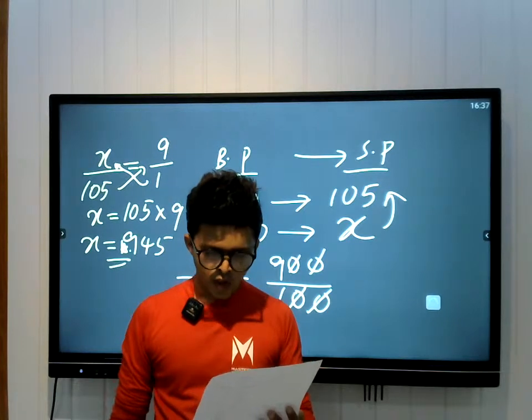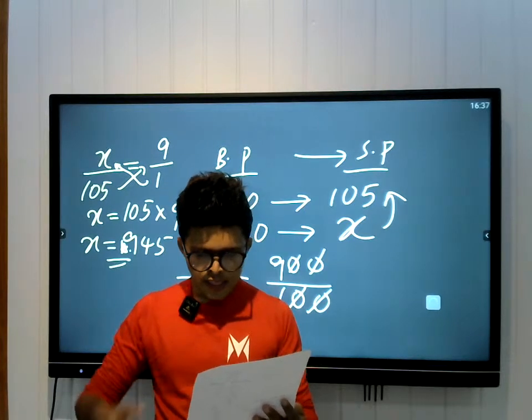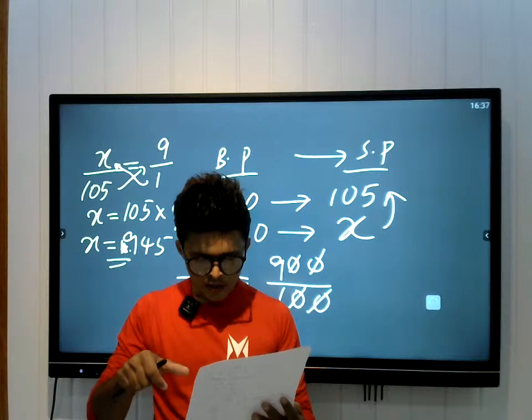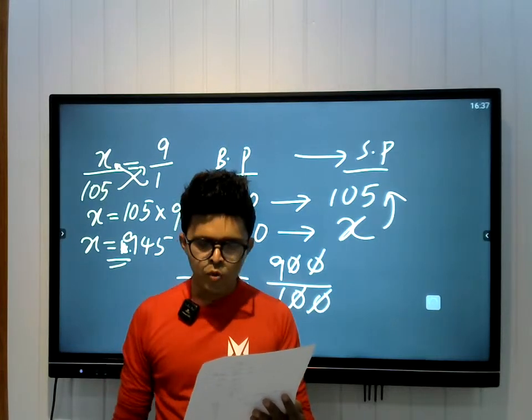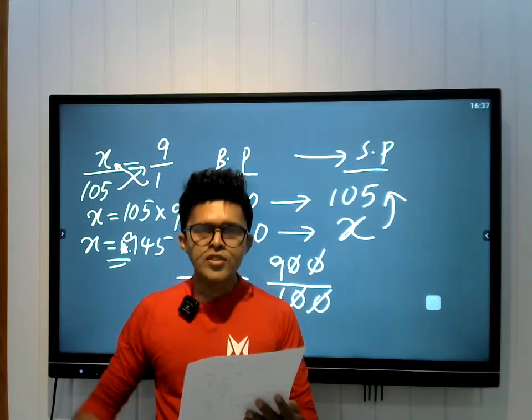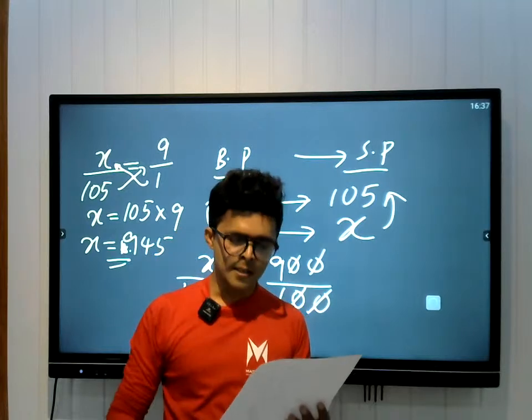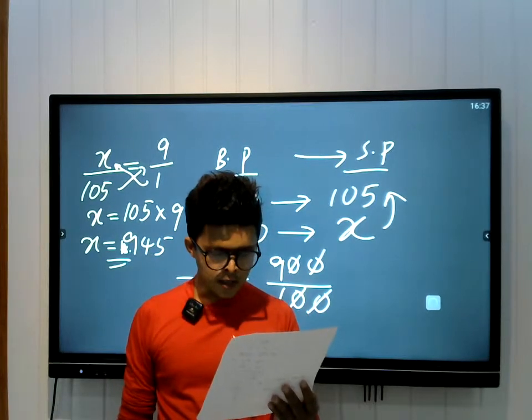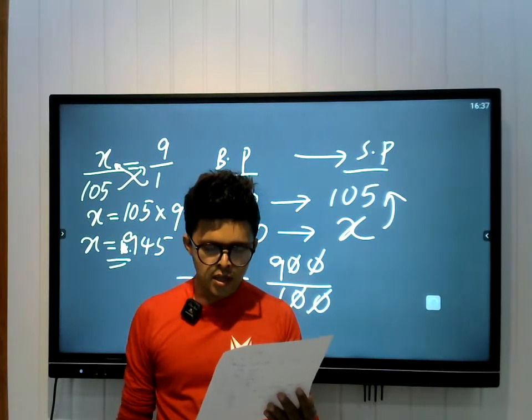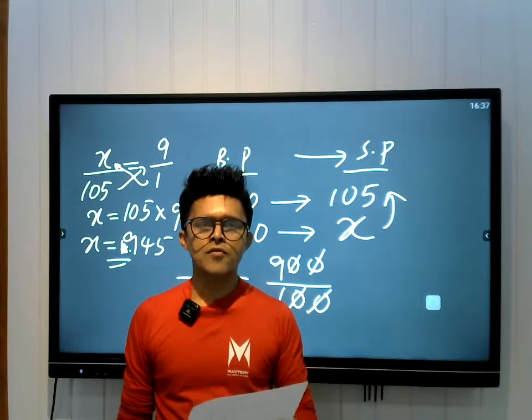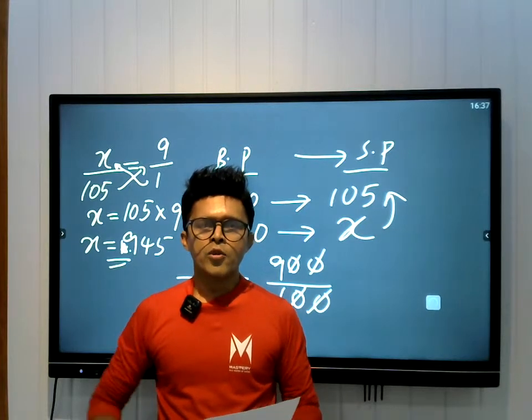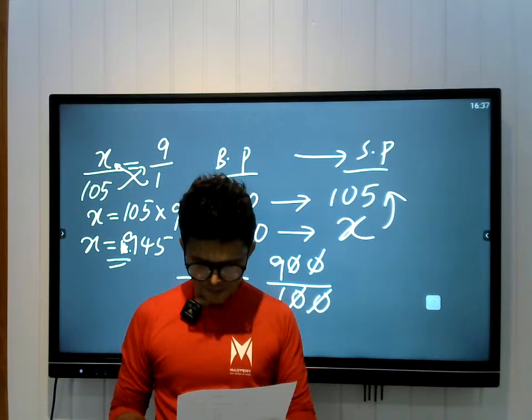That's the question. What we have to do here: the buying price of that article is 1,500. After giving that mentioned discount, you need to find the selling price of the article. Okay, you need to find the selling price of the article.